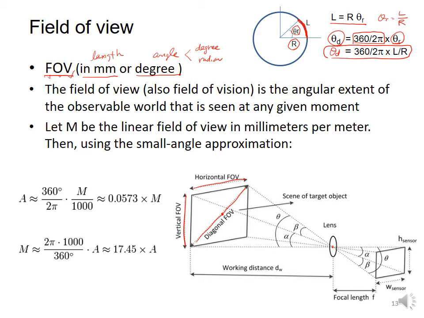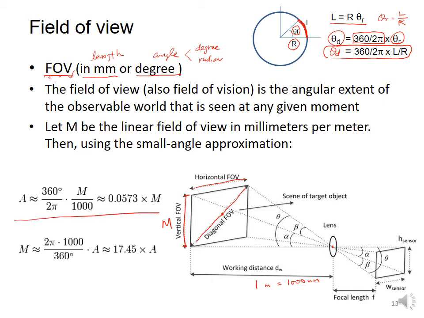If the distance from the lens center to the target object is 1 meter, that is 1000 millimeters, then the vertical FOV can be measured by a ruler to get the length M in millimeters. The FOV in millimeters can be converted into FOV in degrees.